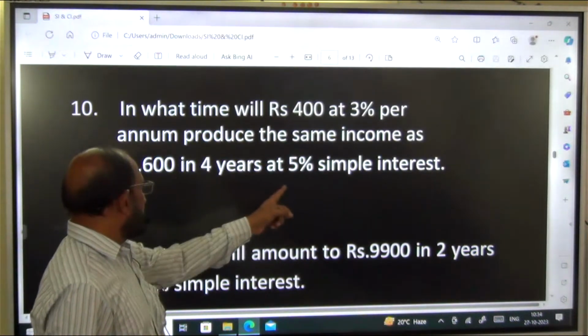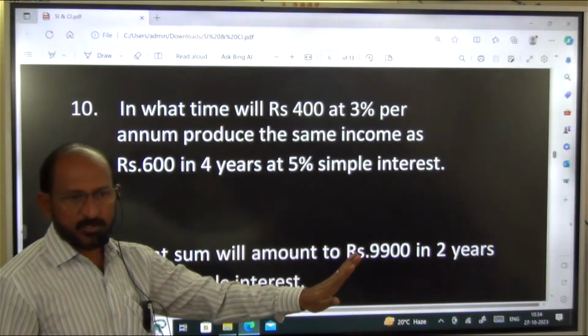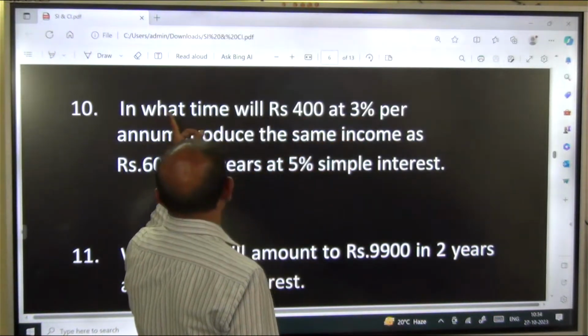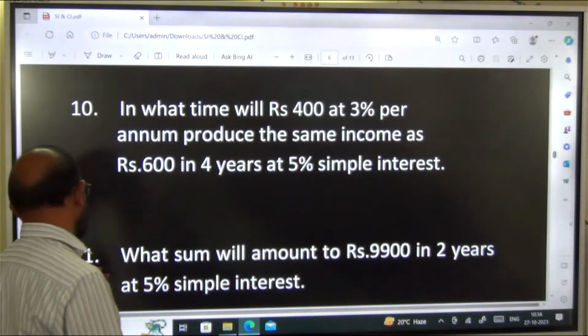Here 600 rupees, 4 years and 5%, we will get some amount. That amount is equal to that 400 rupees at 3% and what time? We have to take that equal.